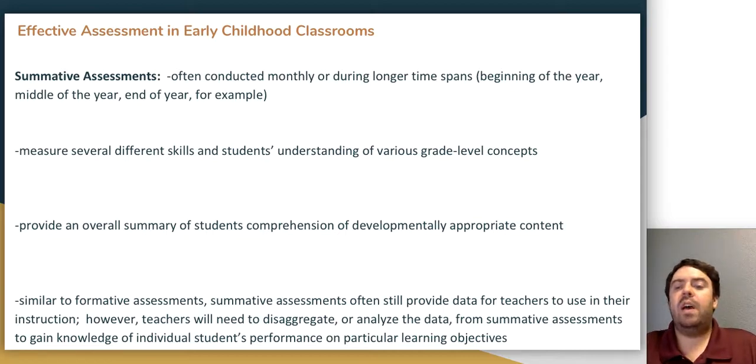Another thing that you'll provide to students, but less frequently, are summative assessments. Summative assessments are generally conducted over much longer time spans compared to formative assessments. Summative assessments sum up the learning, and they normally cover several concepts or objectives in one test.